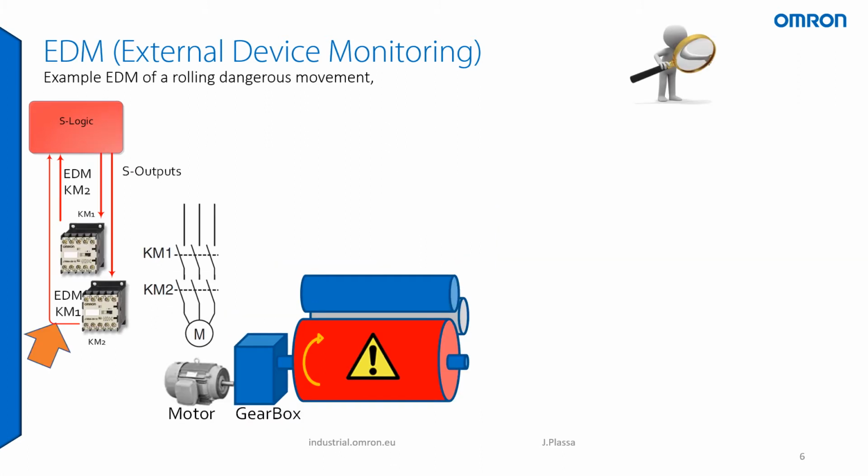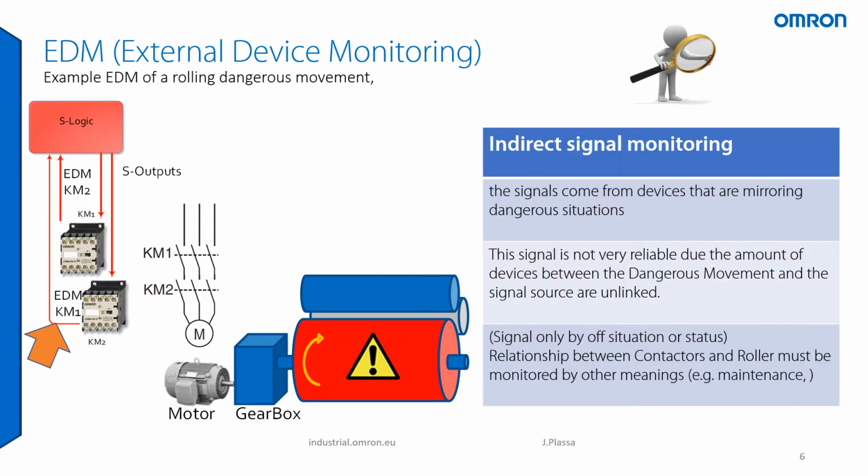In this other example, we have an indirect signal monitoring. We are monitoring the dangerous movement, which is linked with the gearbox, which is linked with the motor, and this motor is linked with the electrical source, and we are getting the information from the mirror contacts of the contactors, so a very indirect signal.